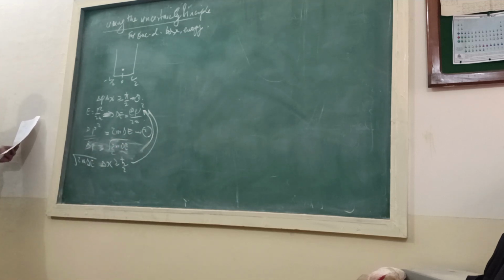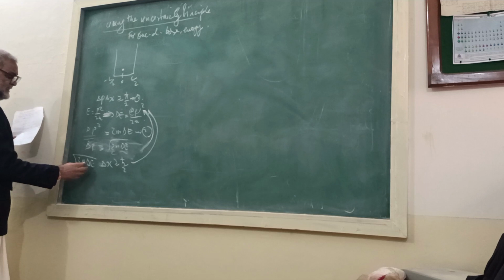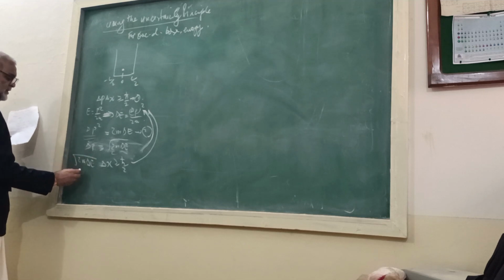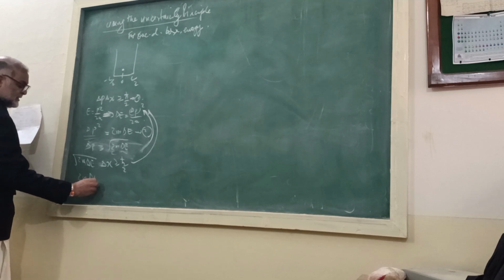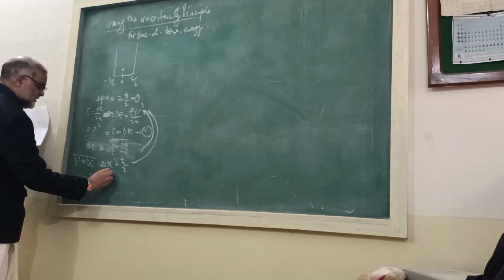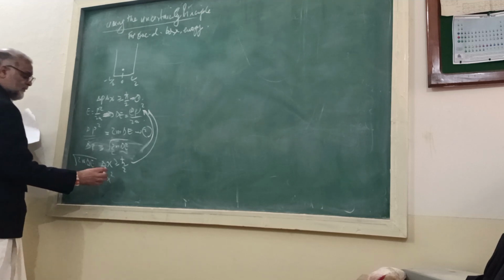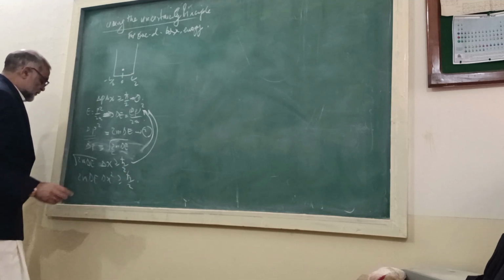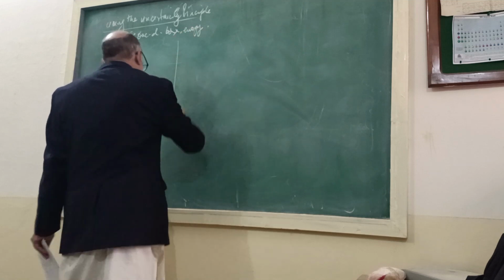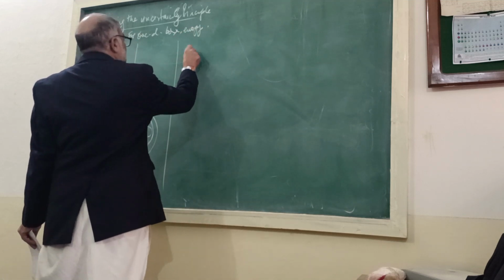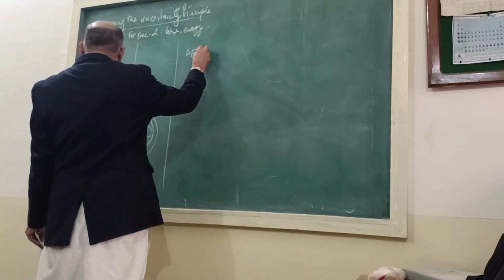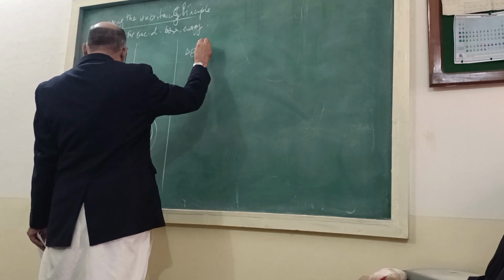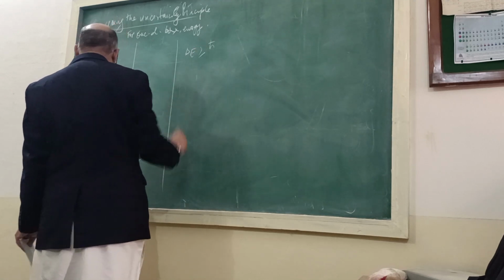I can take the square of this. So when I take the square, I'll say 2m into delta E and delta x squared, greater than or equal to h cut over 2, or I can find the uncertainty in energy.